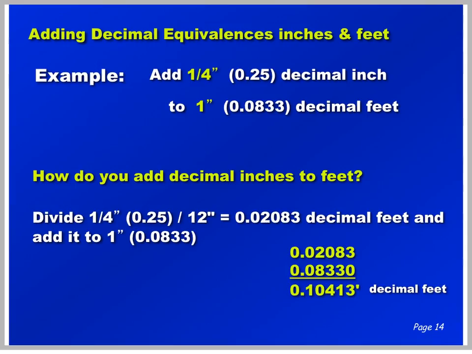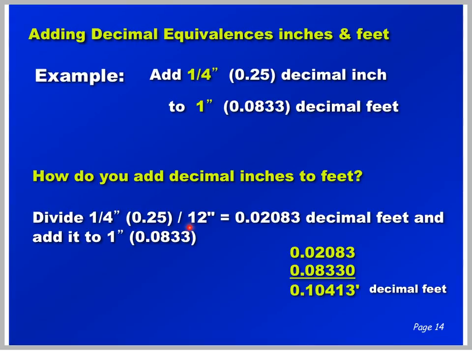So let's start by adding decimal inches to decimal feet, such as adding 1/4 of an inch to 1 inch, with the answer being in decimal feet. First, you must get the equivalence of 1/4 of an inch in decimal inches. That's the 0.25 here.